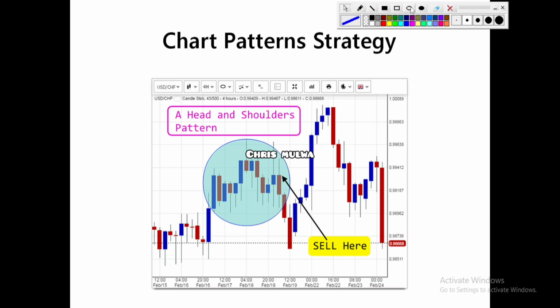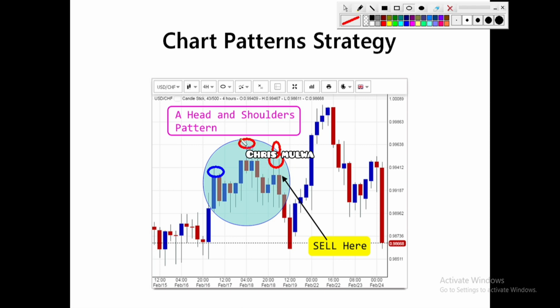Let me show you what we are calling shoulders. First, I mark the shoulder, I mark the head, then I mark the second shoulder. Remember that the shoulder should be below the head.